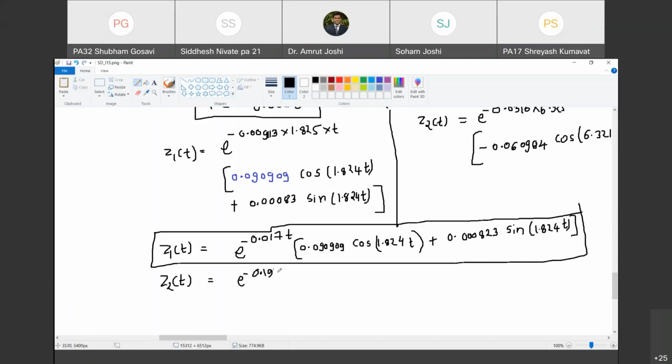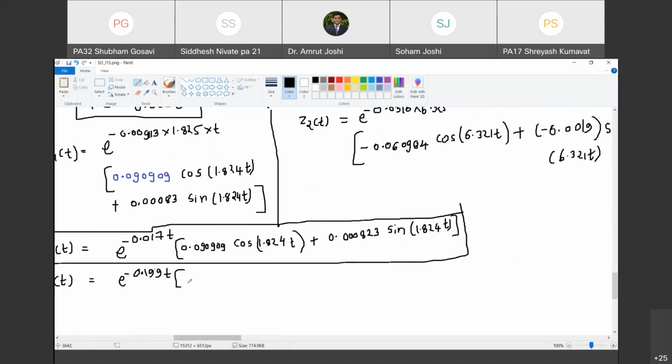So 0.199 t into bracket, minus 0.060984 cos of 6.321 t plus minus 0.0019 sine of 6.321 t. Happy? Yes, sir.